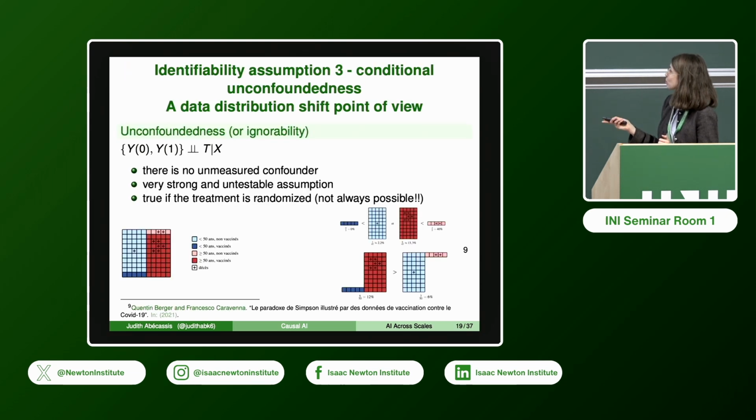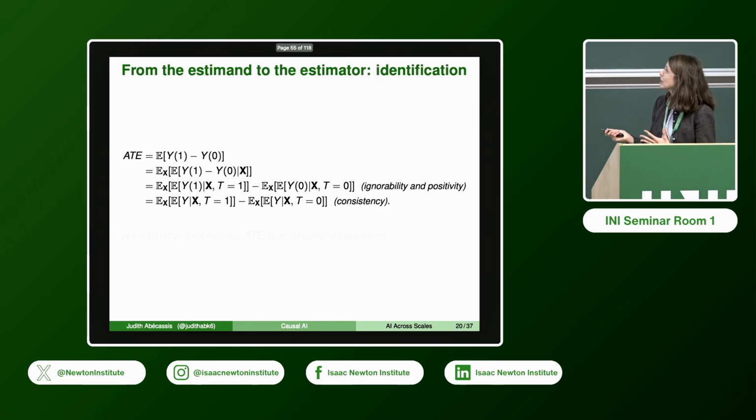And so here you see that just adjusting for the age, which is the covariate of interest here, helps correct for that. So now if we go back to our estimate of interest, which is the average treatment effect, we can actually use all our assumptions.